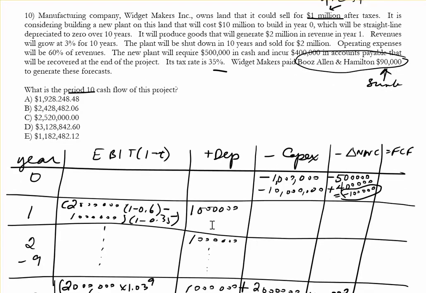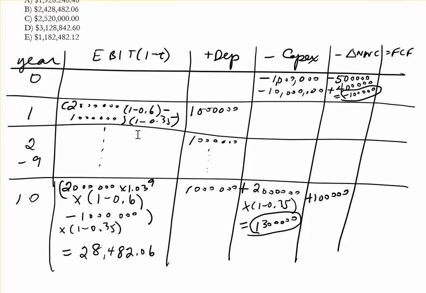Alright, now we're ready to answer this question of what's the period 10 cash flow. Well, the period 10 cash flow is here, so let's just concern ourselves with summing up these numbers. The $28,482, the depreciation, adding back the recovered net working capital.